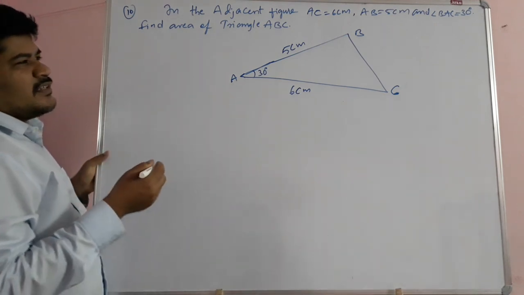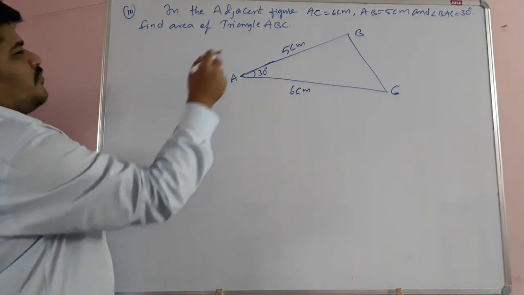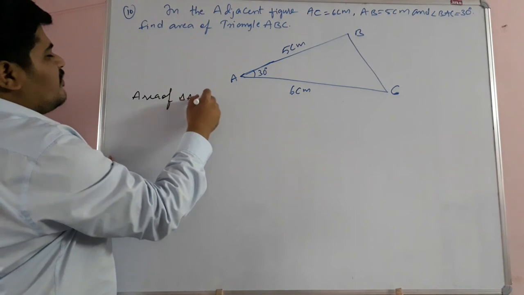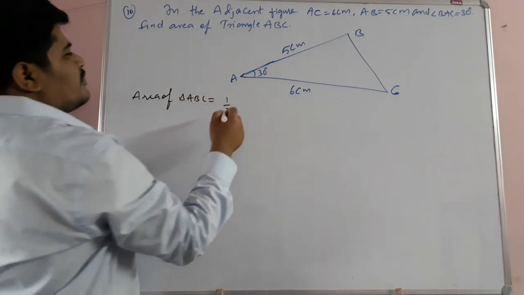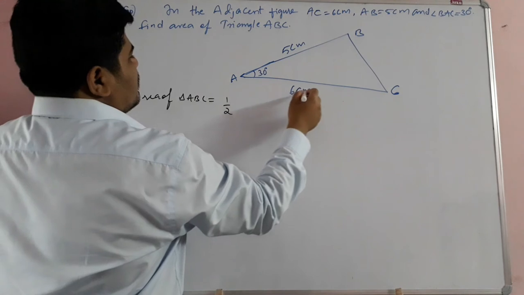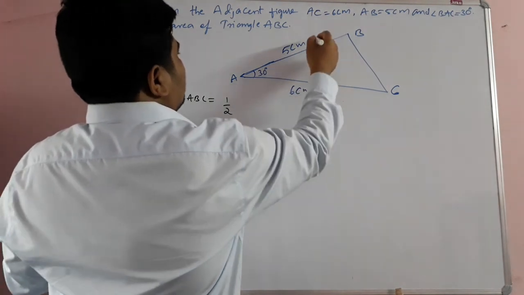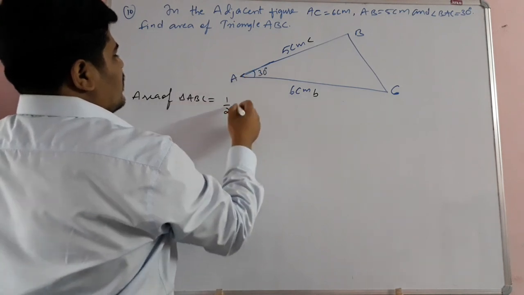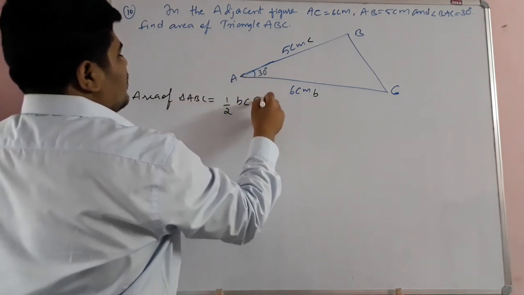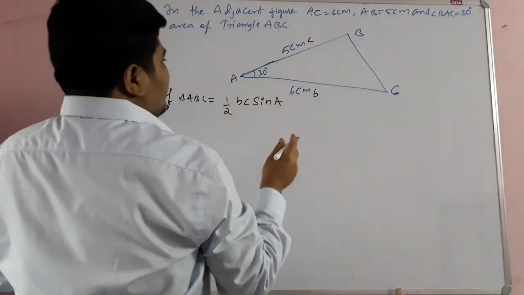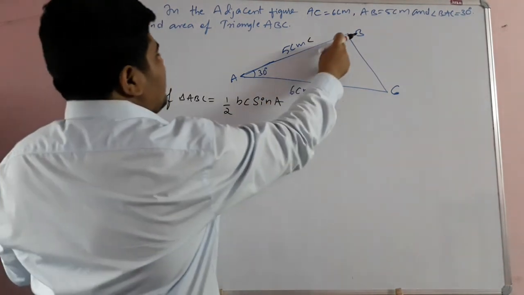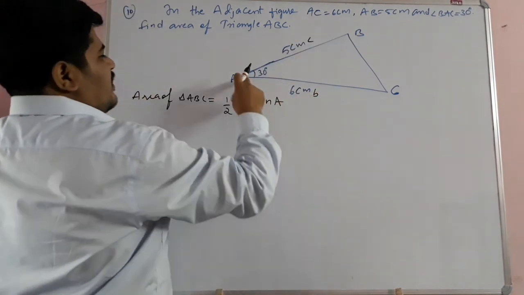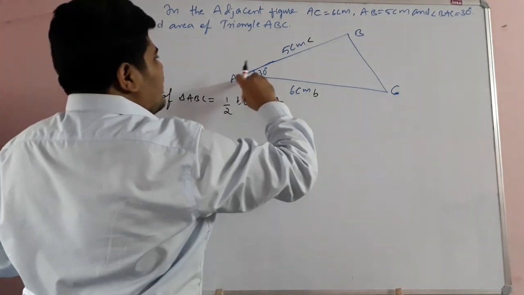Here, to find the area of triangle ABC, the formula is: this is B, this is C, and this is angle A. So half BC sine A. Students, the side opposite to angle B is small b, the side opposite to angle C is small c, and the side opposite to angle A is small a.